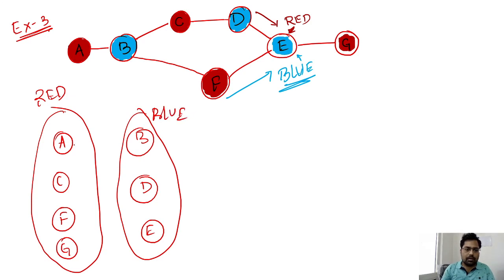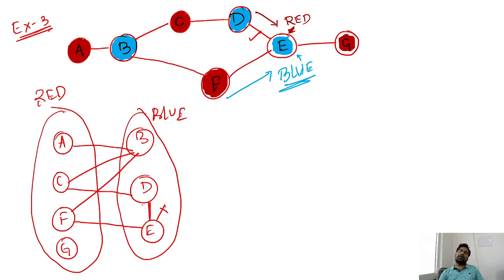A to B connection is there, B to C, clear. B to F is also a connection, not an issue. C to D is correct. F to E is correct. D to E is there. So here this is not possible for bipartiteness.